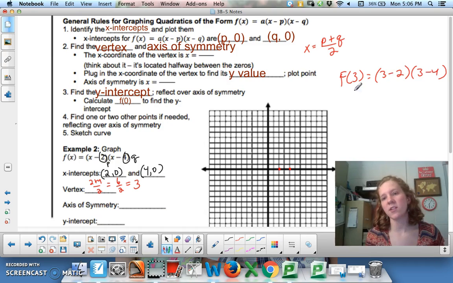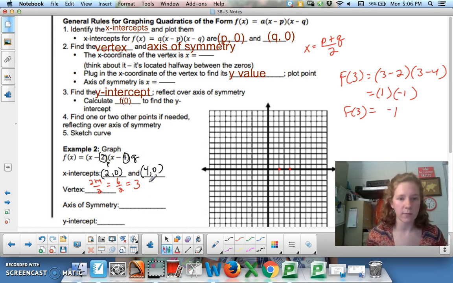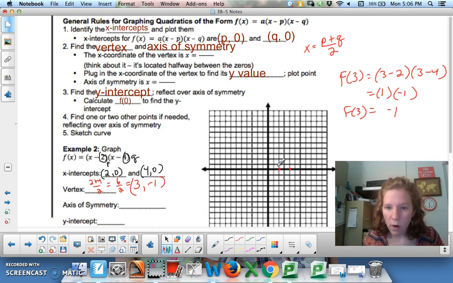So I just replaced all the x's with 3's. 3 minus 2 is 1, and 3 minus 4 is -1. So that means that the y-coordinate of my vertex is -1, because 1 times -1 is -1. So my vertex is at the point 3, -1. So I'm going to go over 3, which is halfway between those two, and down 1. And there's my vertex.